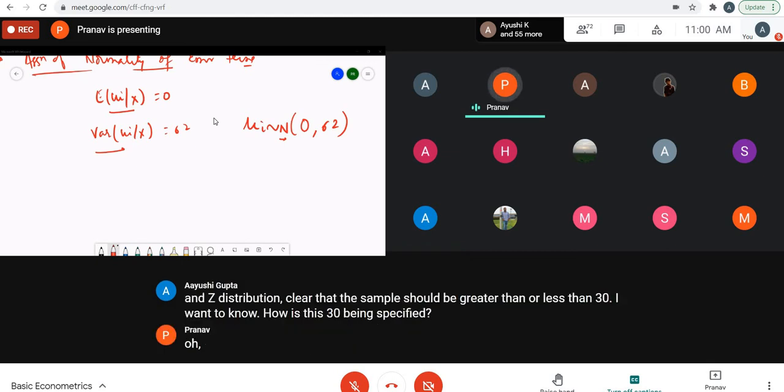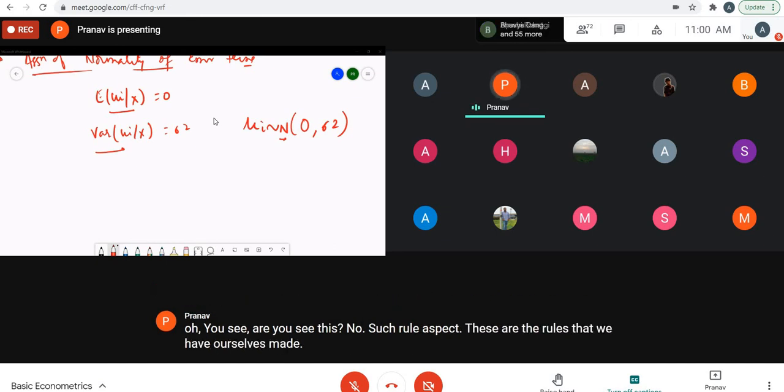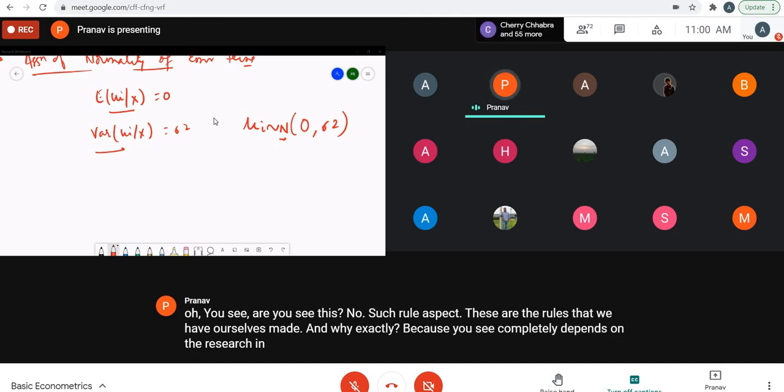You see, Ayushi, there is no such rule as such. These are the rules that we have ourselves made. And why exactly? Because it completely depends on the research in question. Let us start from the basic part.